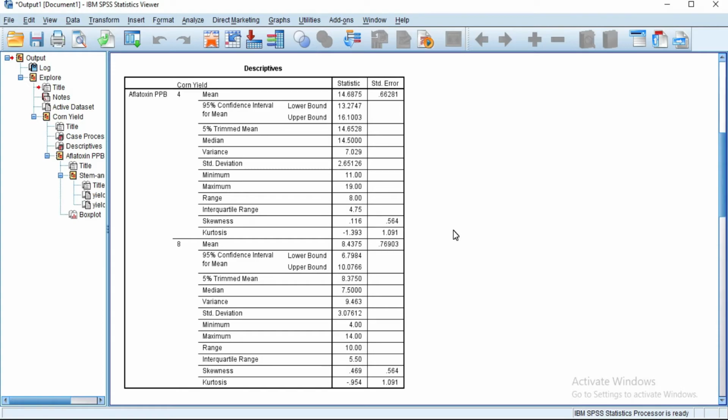And how can we check whether the skewness is significant? You divide the statistic by its standard error. In case that ratio is greater than 2.5, ignoring the negative sign, we can say that skewness is significant. And similarly, if your kurtosis statistic divided by its standard error, ignoring the negative sign, is greater than 2.5, your kurtosis would be significant.